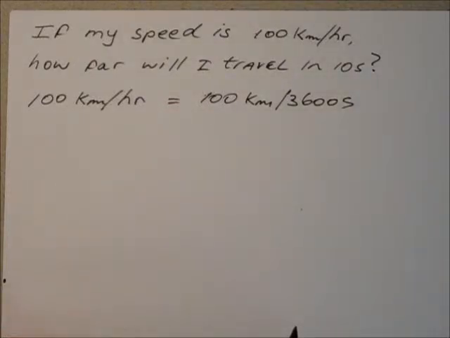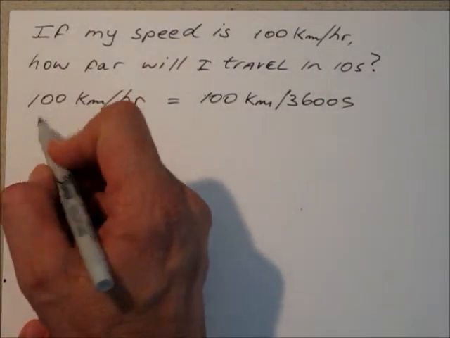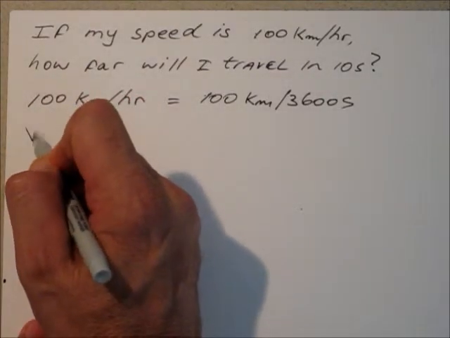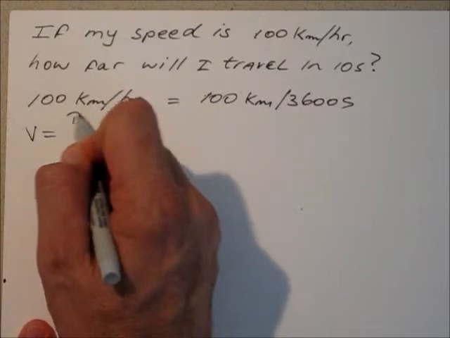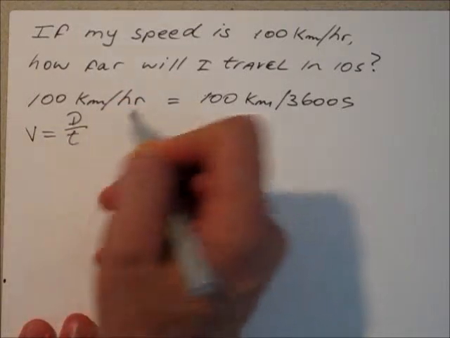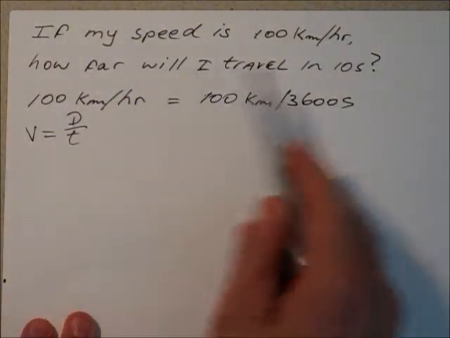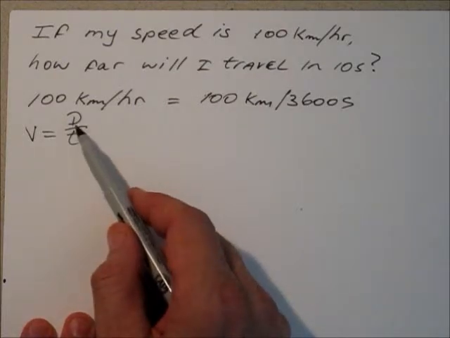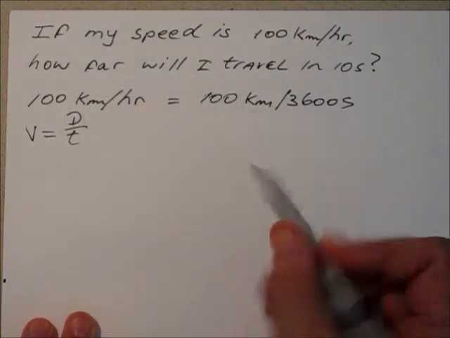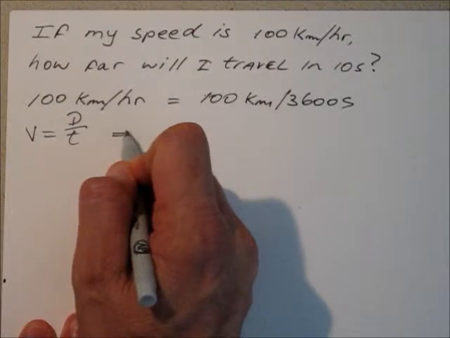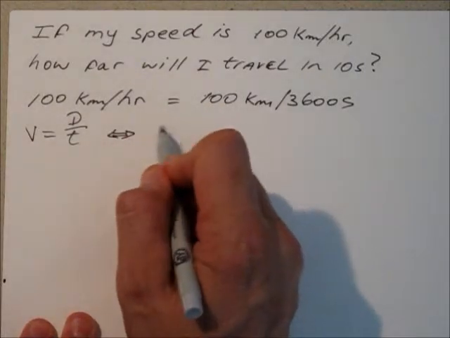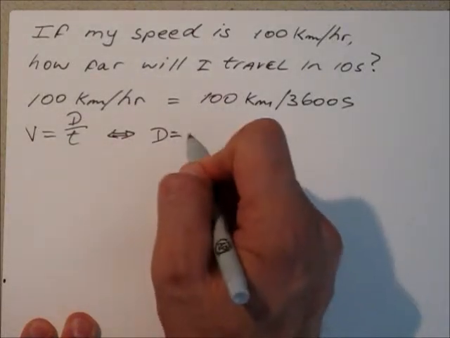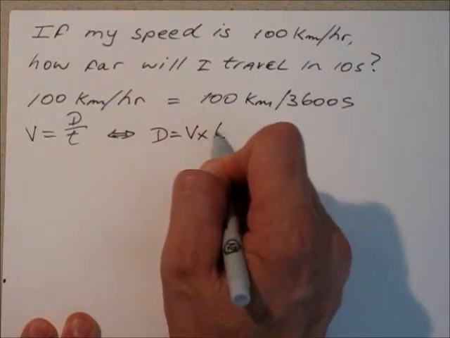Now what we've got to do is use a formula. The formula I'm going to use is velocity is equal to distance divided by time. Now the question says how far will I travel, so we're obviously after the distance d. So therefore I can say that the distance is equal to the velocity multiplied by the time.